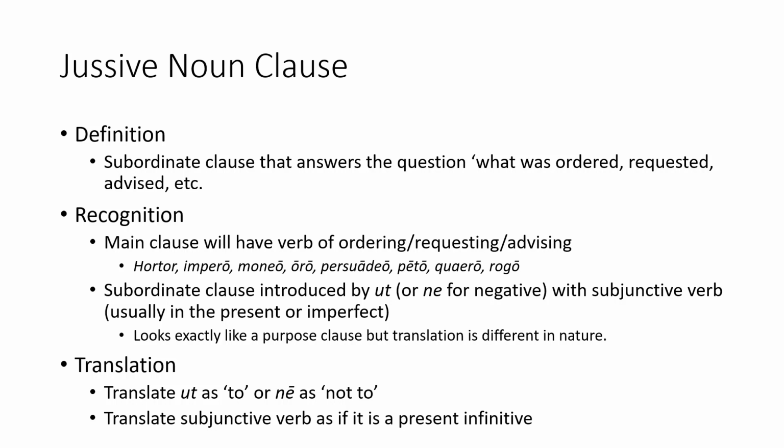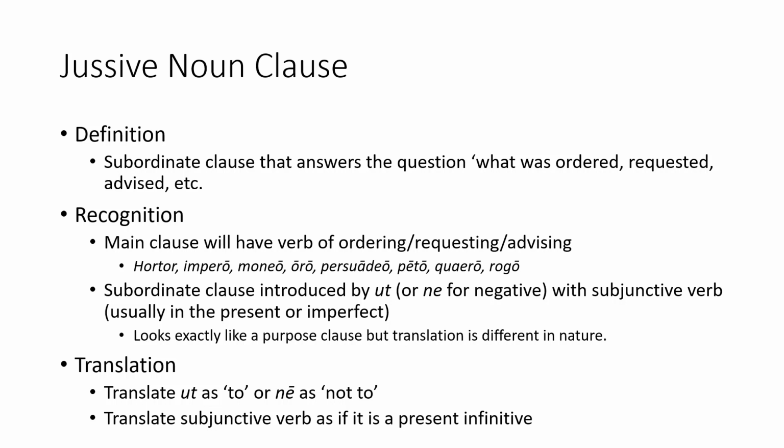Some of the verbs that can introduce an adjective noun clause or indirect command are hortor, I urge, impero, I order, moneo, I warn, oro, I ask, persuadeo, I persuade, peto, I ask or I seek, quaero, I ask, and rogo, I ask.